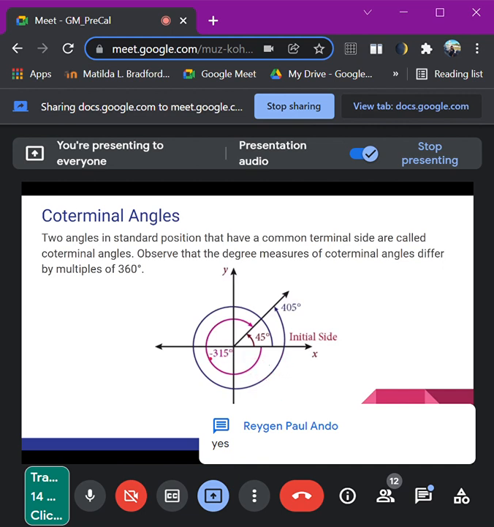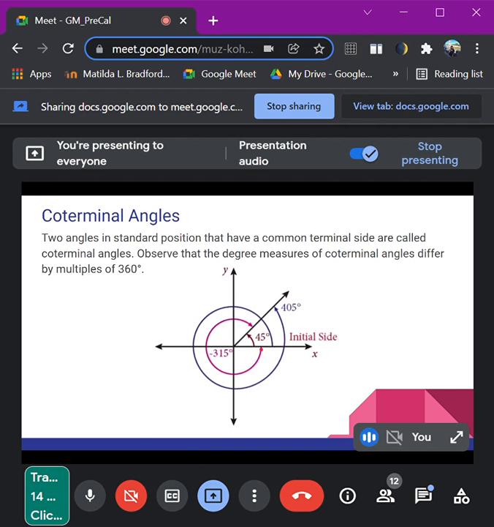As we can see, our negative 315, class, starts here and then rotates clockwise and ends here. And then, they are the same, they lie on the same terminal side as 45 degrees. So it is in standard position, then rotates clockwise, and ends here on this terminal side. Well, our next one, class, we have here 405 degrees.